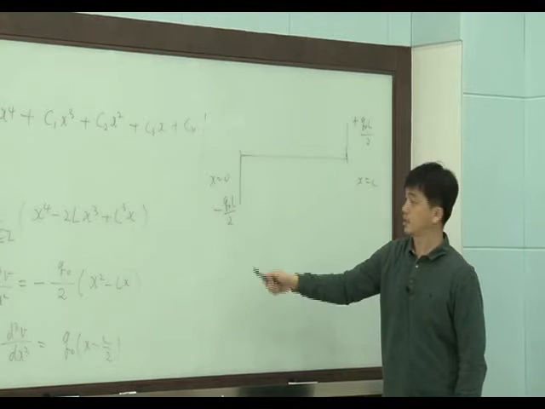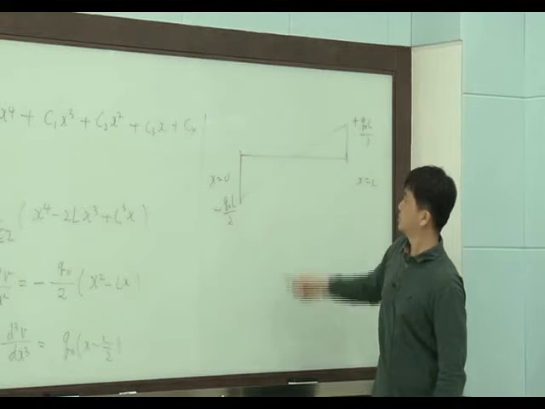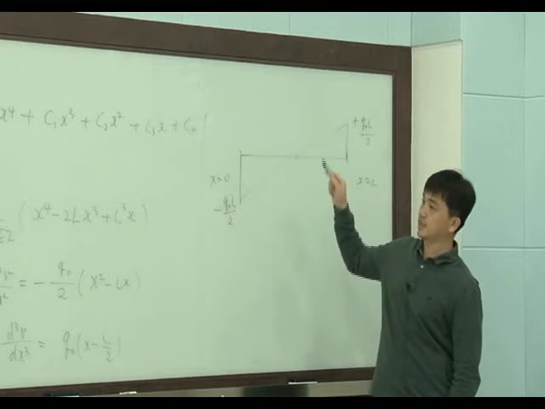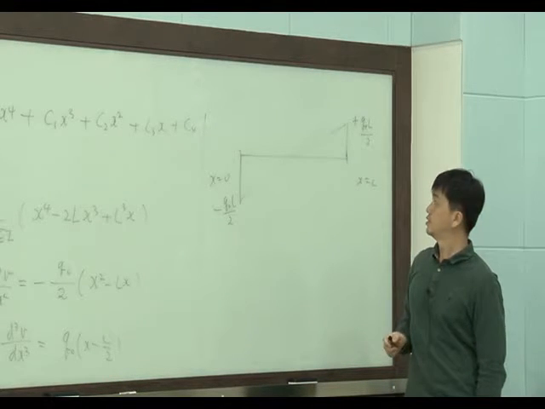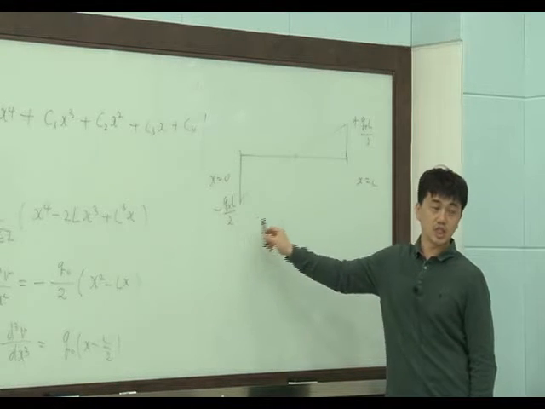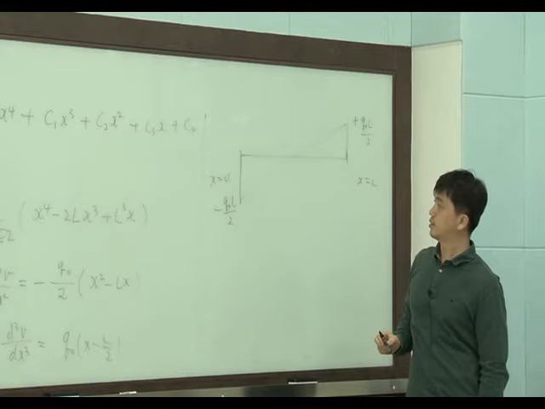This is a linear variation. So at the center of this simple beam problem, there is no shear force. At each end, we have the maximum shear force.